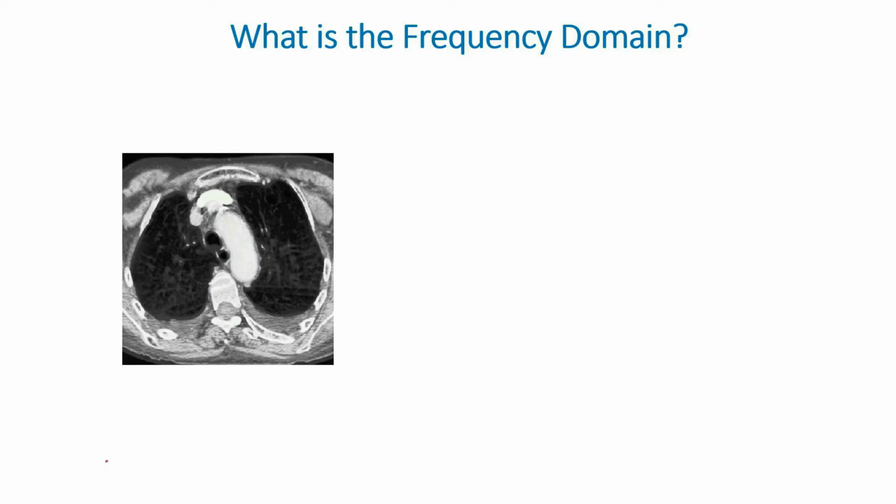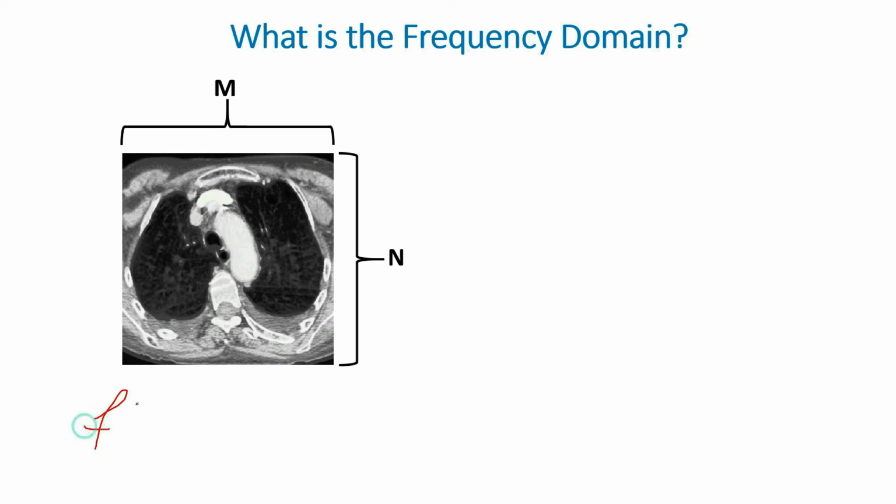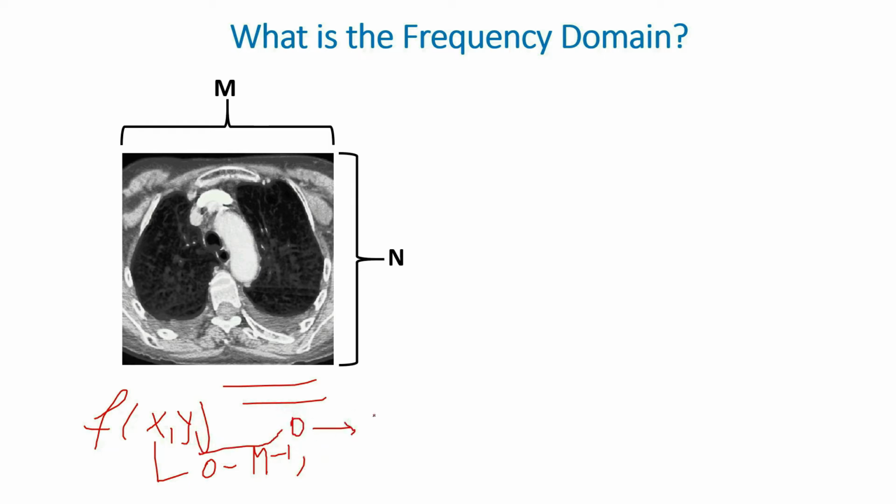Considering this CT image with one side length equal to m and the other equal to n, let f of x, y denote this m by n image, with x varying from 0 to m minus 1 and y varying from 0 to n minus 1.